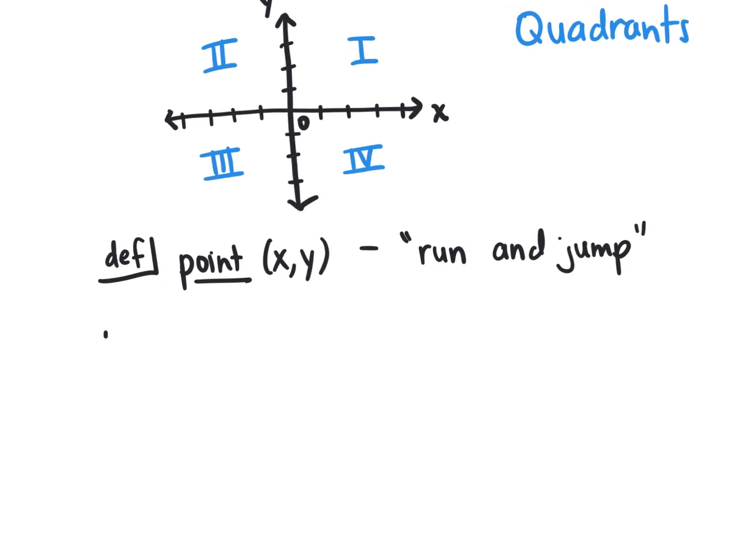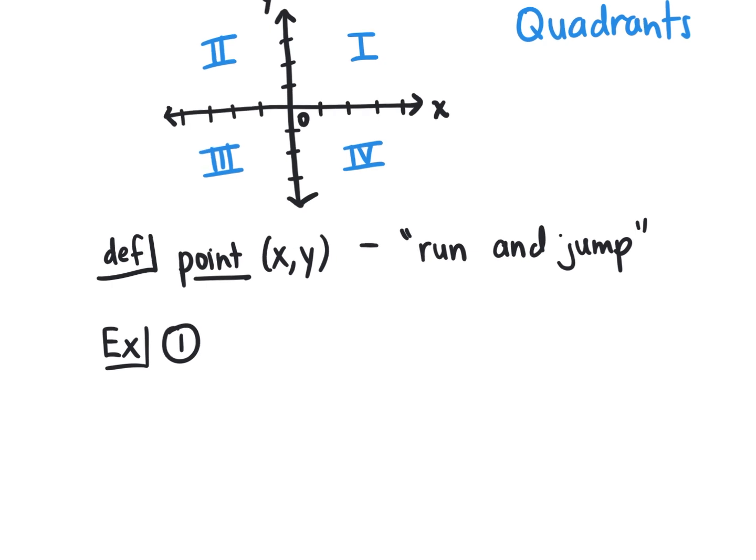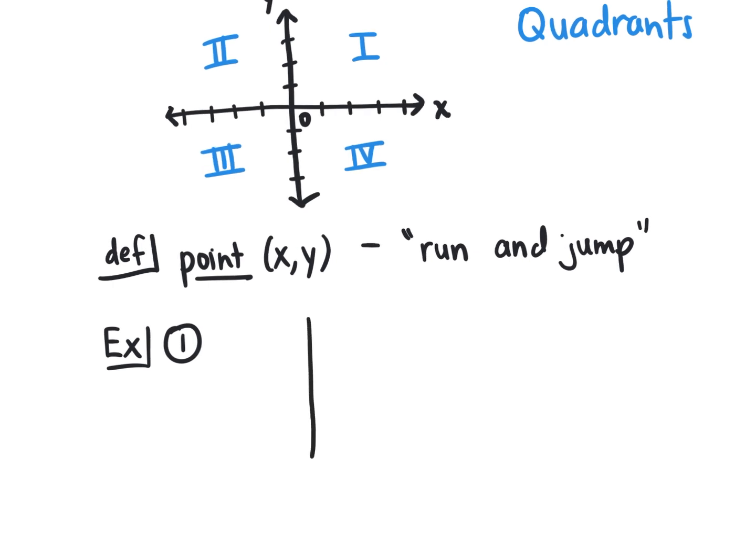Example, go back over to the left, capital E, little x, and a half box. Example number 1. I'm going to draw a blank coordinate plane that goes out to 3 in every direction. Label your x, your y, and your 0.